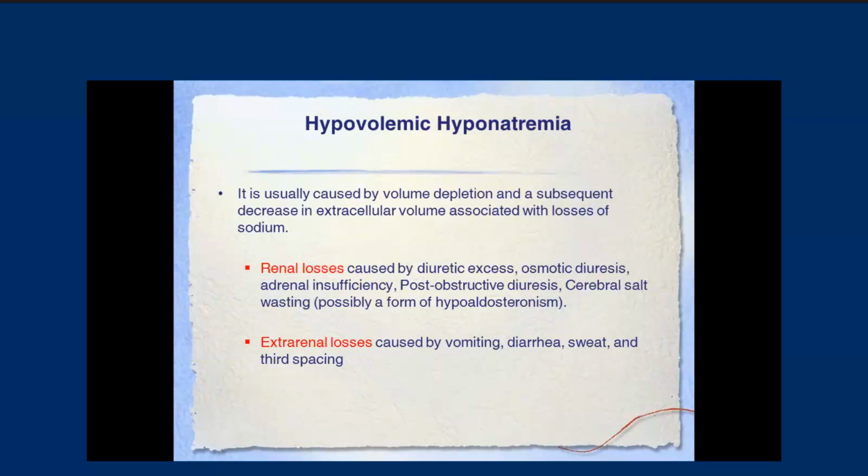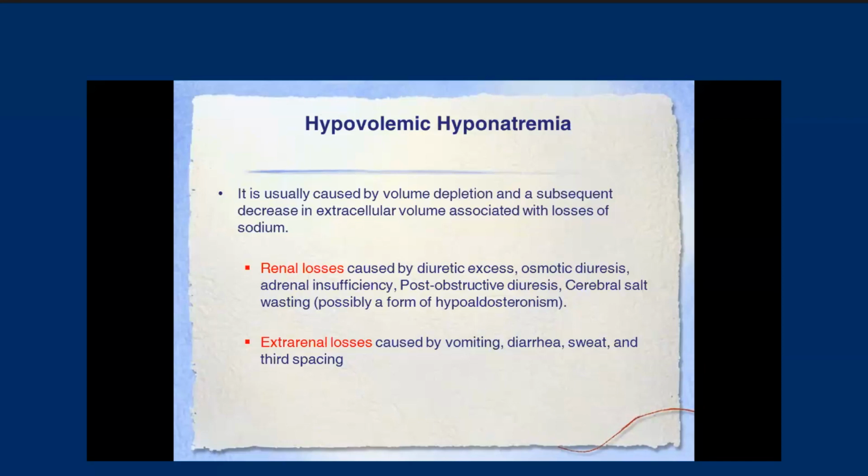There will be loss of sodium reabsorption, which will also be accompanied by water. Always sodium is accompanied by water, and there will be a decrement in total body water amount, which will result in a decrement in contracted extracellular fluid and hyponatremia.